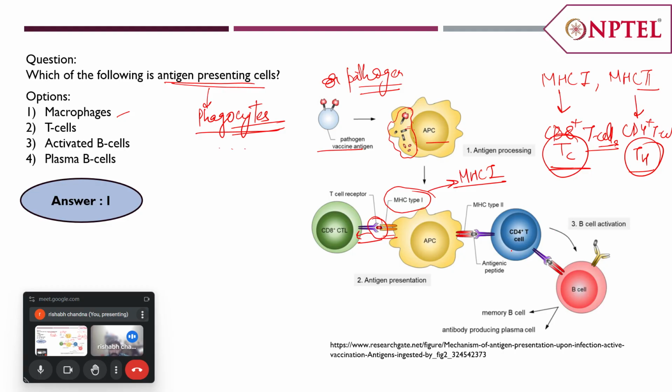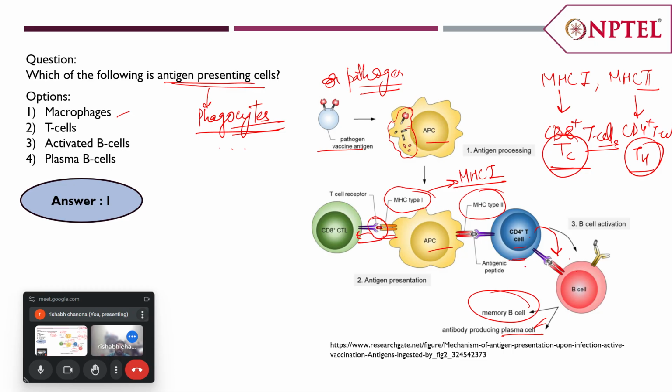And if they have to produce antibodies, the APC will present the antigen with the help of MHC type 2 to the CD4 positive T cells, that are the T helper cells. Now T helper cells can initiate antibody production by activating the B cells. B cells can produce the antibodies using plasma cells, and it will produce the memory B cells.